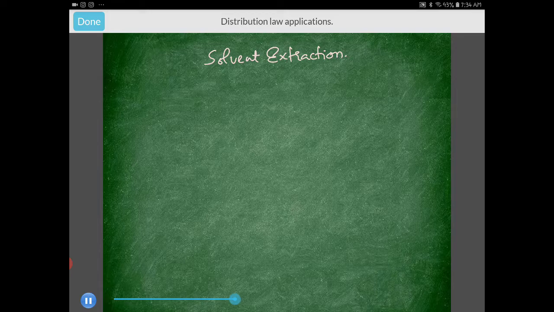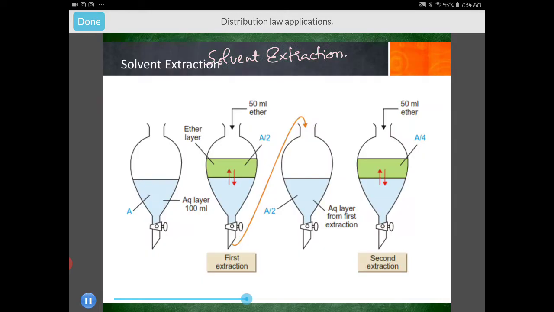This is more or less connected to the chromatographic technique. The affinity is important. So suppose you get a mixture of sugar and salt, what you need to do is take a separating funnel.